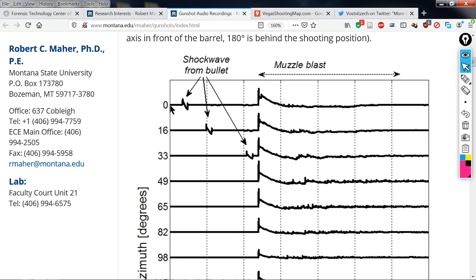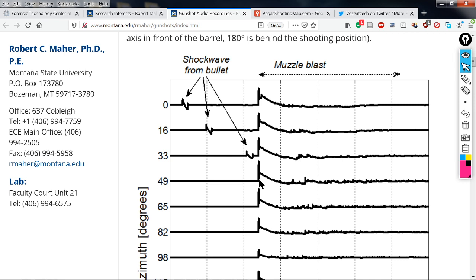As the angle between the recording device and the gun increases, the shock wave gets closer and closer to 0 lag. At some point, in this case somewhere between 33 and 49 degrees, there is no more supersonic shock wave.